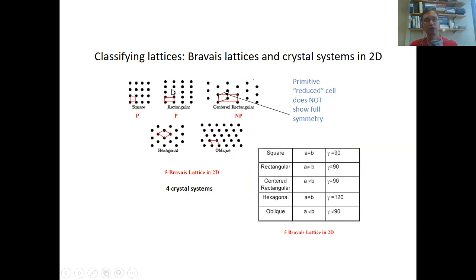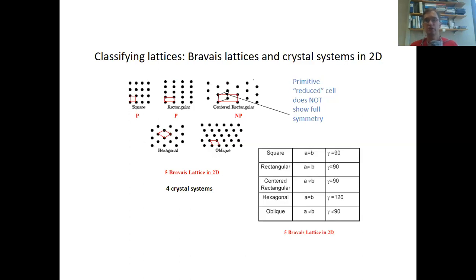In order to understand unit cells, we need to look at their symmetry in more detail and how we can classify them according to their symmetry. Each unit cell belongs to a crystal system.